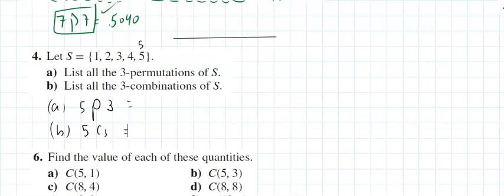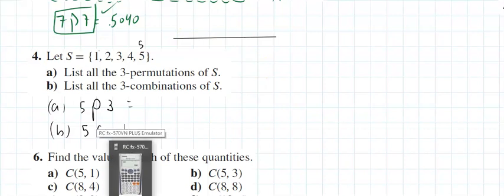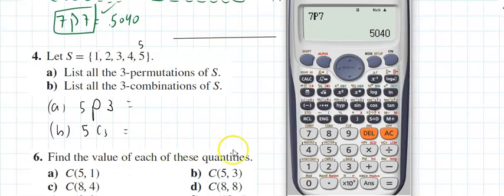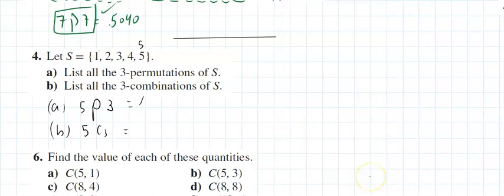It's nothing more than calculator work. Again, on a test you could leave it like that. 5 nPr 3 is 60, and 5 nCr 3 is 10.